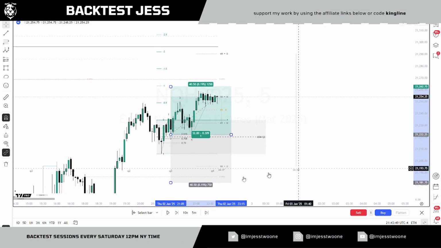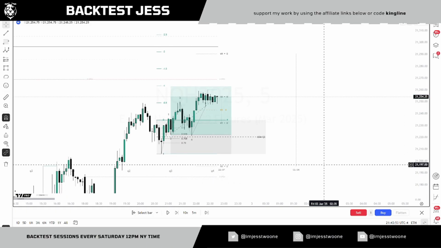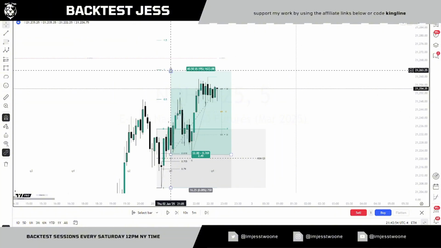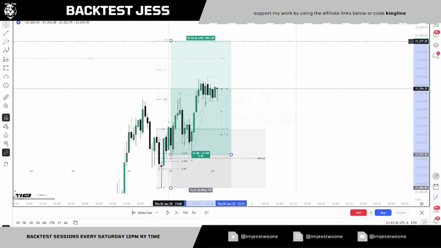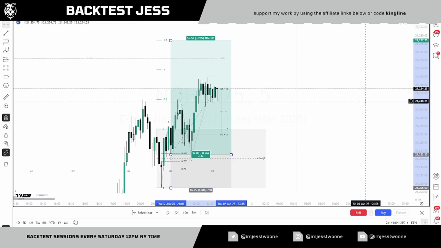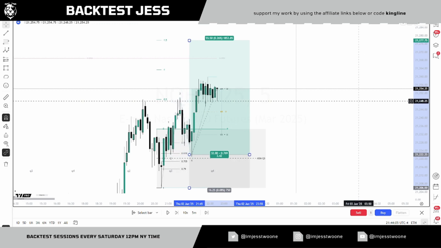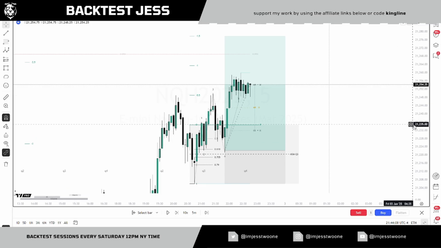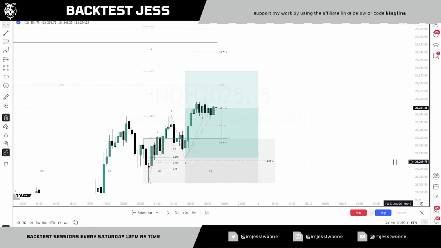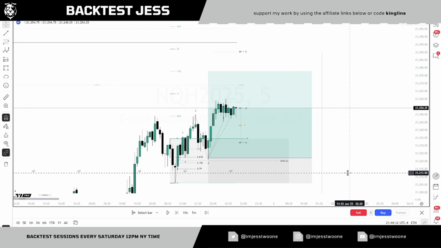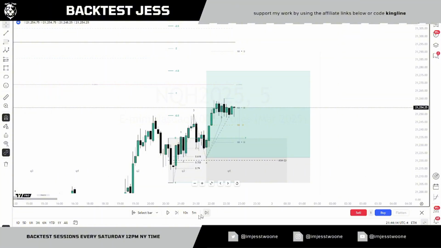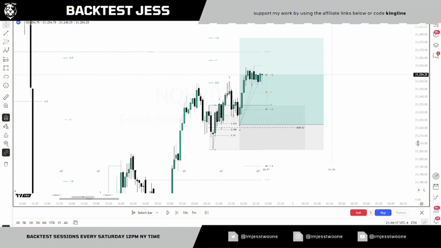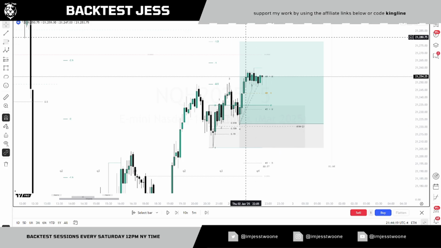Our stop loss would be at 1, and we would be targeting 1.5. So we don't break even until 1.5R.